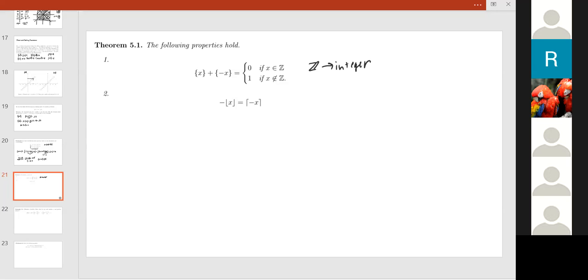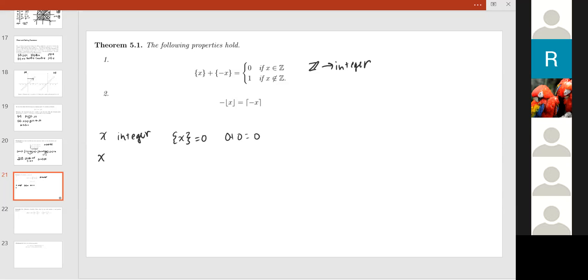The second part of this theorem is that the negative of the floor of x is equal to the ceiling of negative x. To prove the first part of the theorem, we first look at if x is an integer. If x is an integer, the fractional part of x is simply 0. So hence we have 0 plus 0, which is clearly 0.